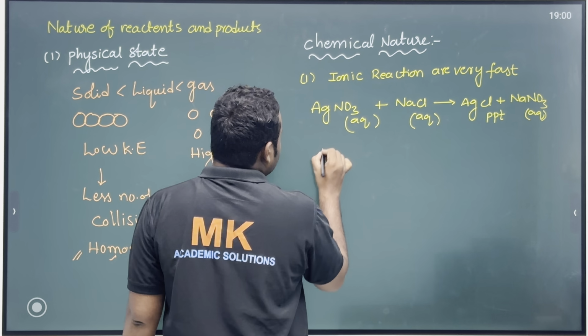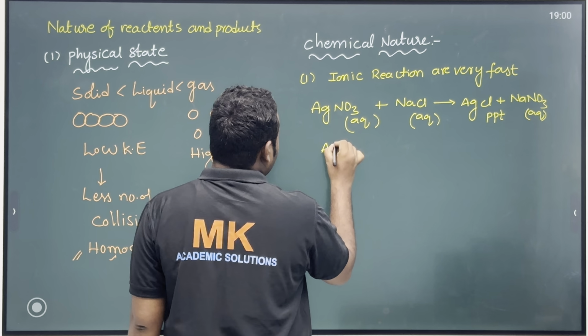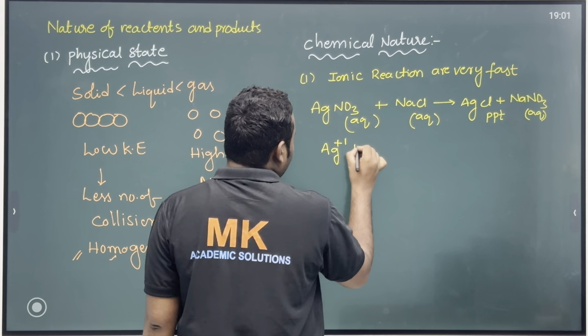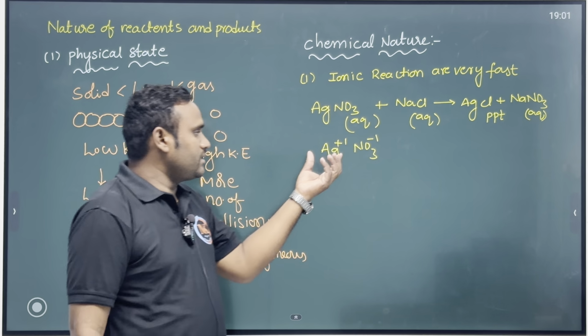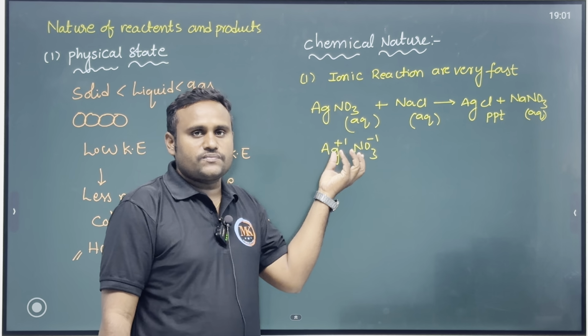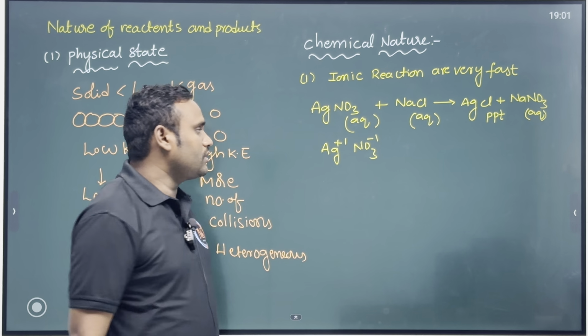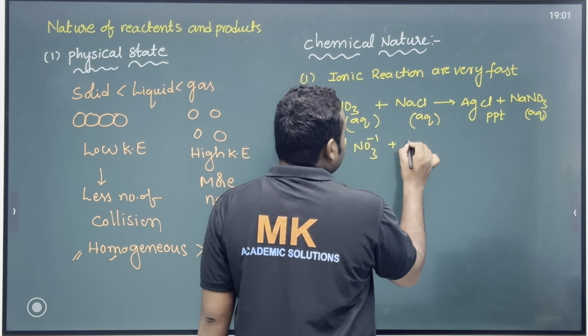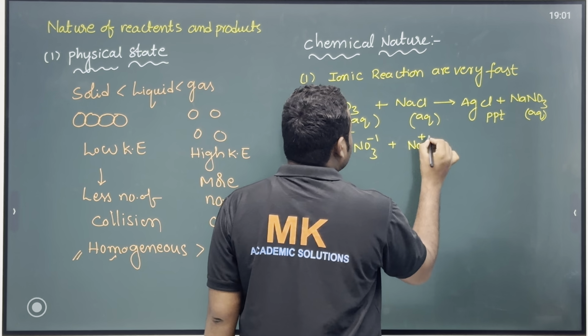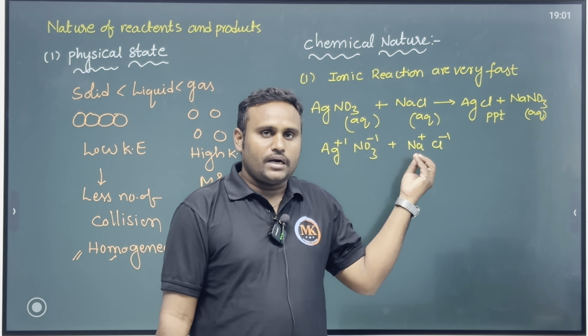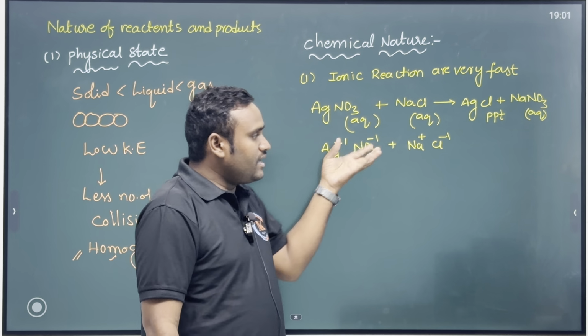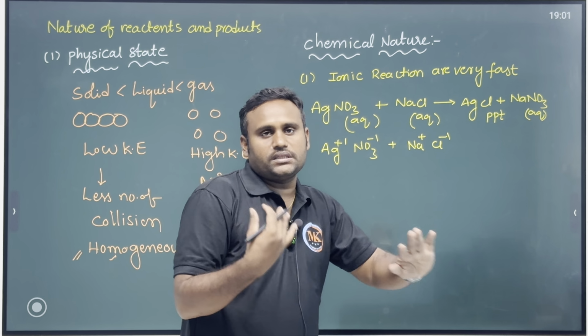Why? Because silver nitrate exists as Ag+ and NO3-, and this ionic bond is formed by a simple attraction force. Likewise Na+ and Cl-, where the bond is also formed by a simple attraction force. So they simply exchange their radicals, forming Ag+ Cl- and Na+ NO3-.